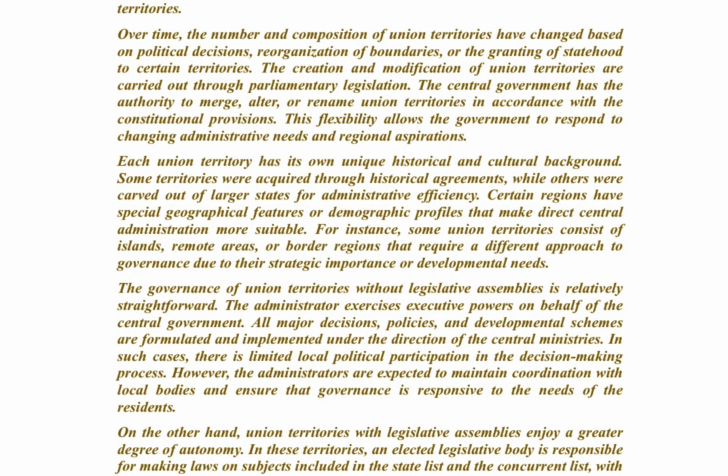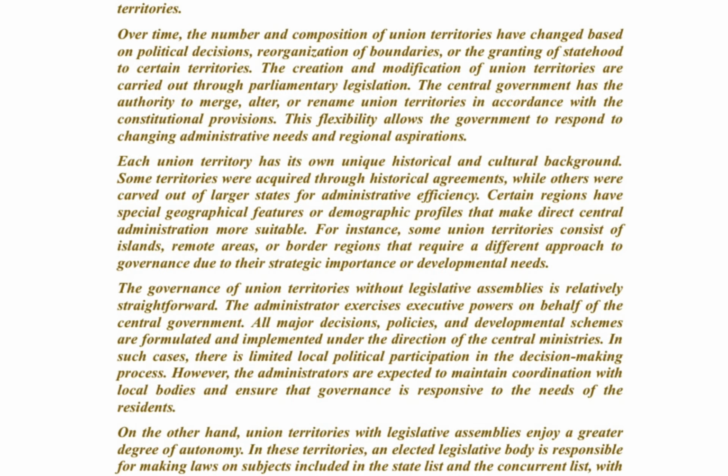The governance of union territories without legislative assemblies is relatively straightforward. The administrator exercises executive powers on behalf of the central government. All major decisions, policies, and developmental schemes are formulated and implemented under the direction of the central ministries.